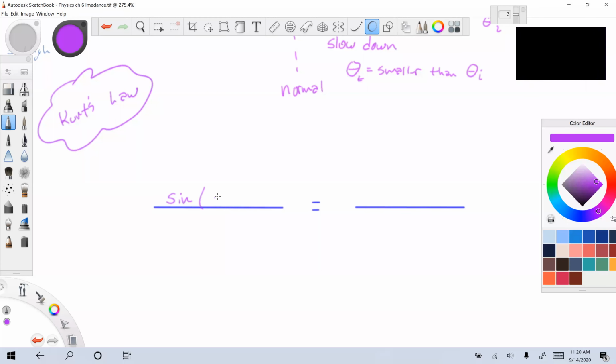Sine of theta t. Your book says transmission angle, but that's what it is, theta t, right?